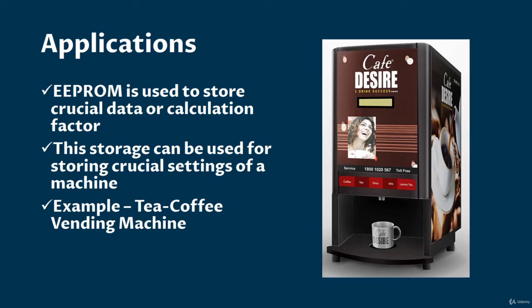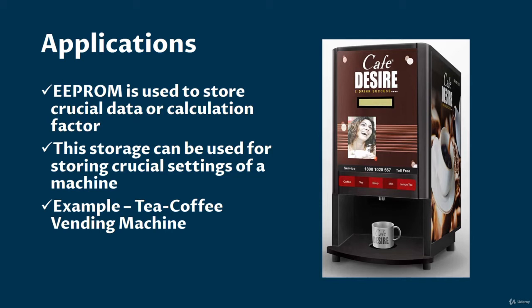I'm also giving you another example, a tea coffee vending machine. Once I had a chance to visit a company where they were programming this machine. Whenever we use a tea coffee vending machine, you have seen there are 2-3 buttons, one for tea, one for coffee, one for normal milk, one for hot water. And there are a few containers inside that machine.